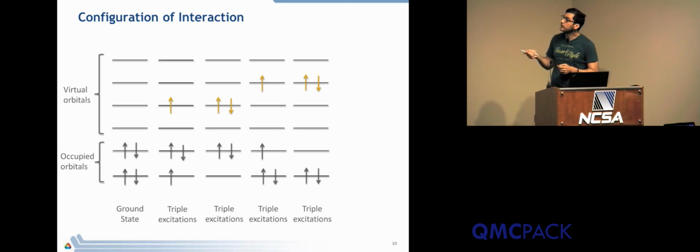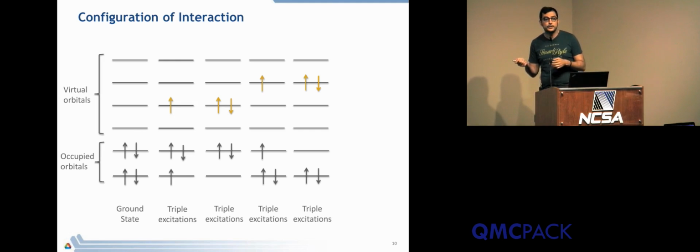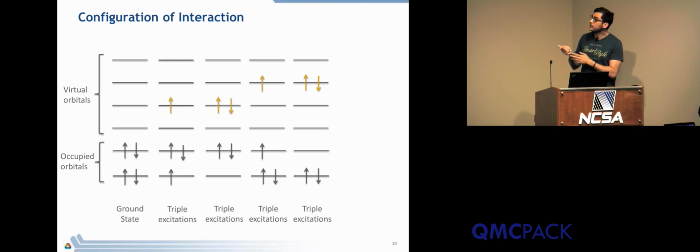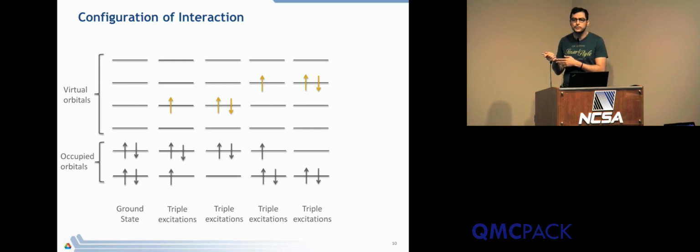But when you do this type of calculation, what is important to know is that even with the hydrogen dimer, most of your energy comes from the ground state. So this is the most important determinant. And then probably the first excitation is also important because electrons are going to be delocalized somehow on that determinant.